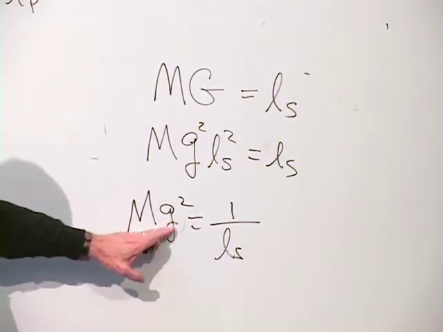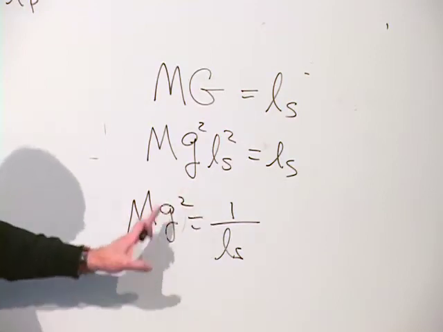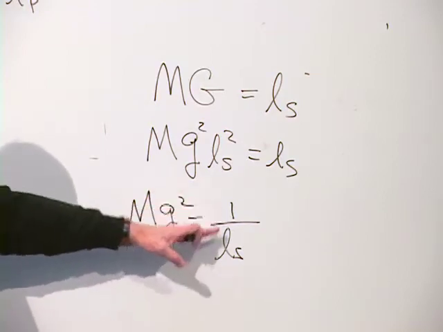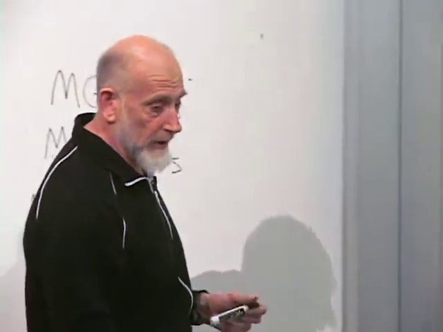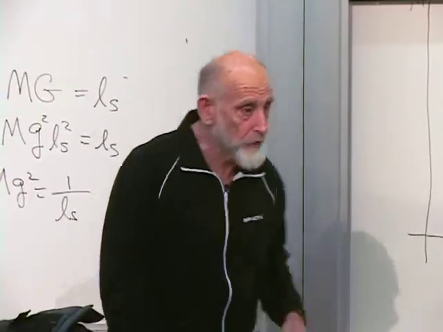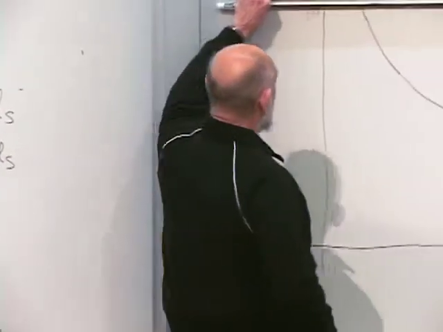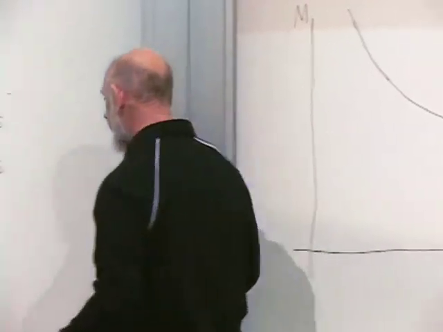So when g gets small enough that m g squared is 1 over L string, all of a sudden it turns into a string. The black hole turns into a string. So there's another curve on here.